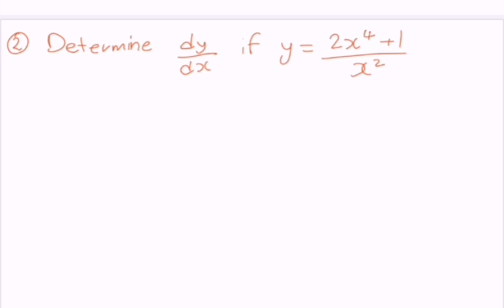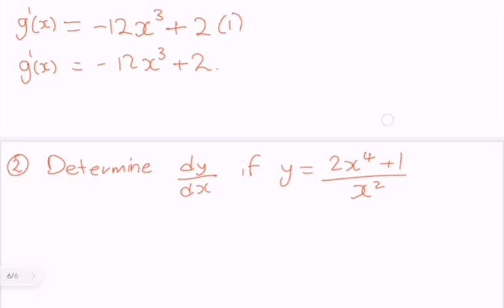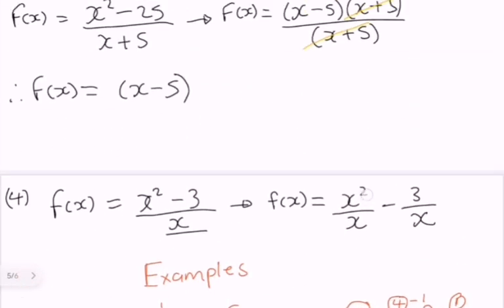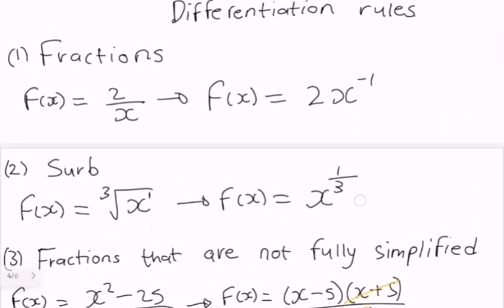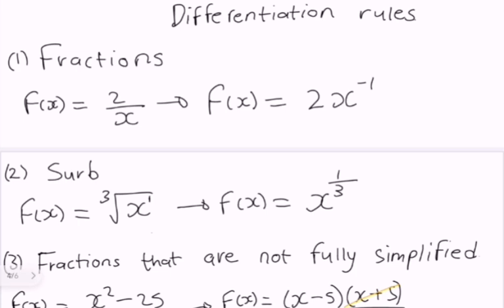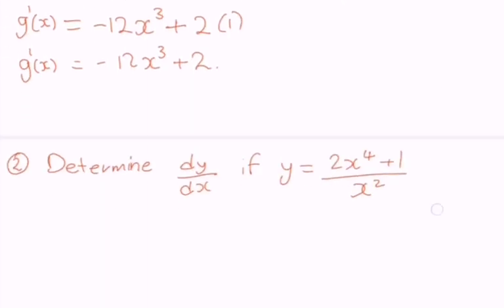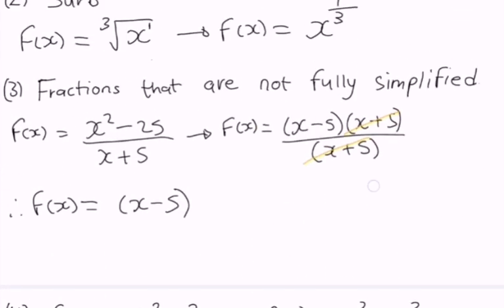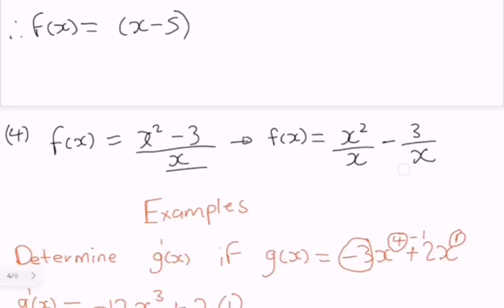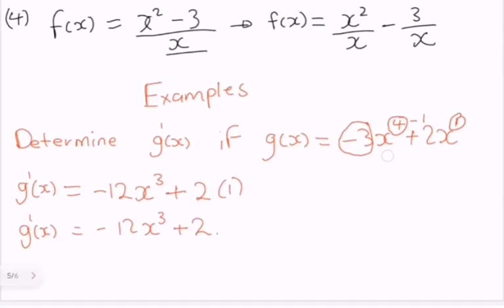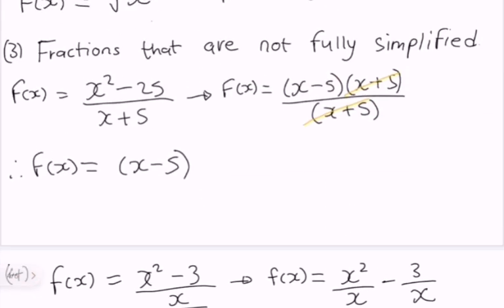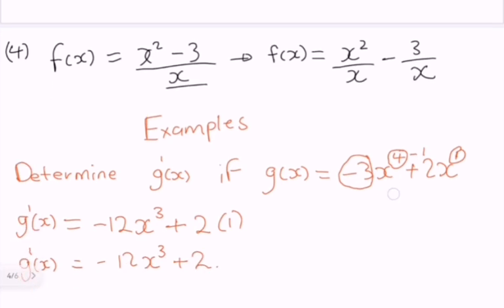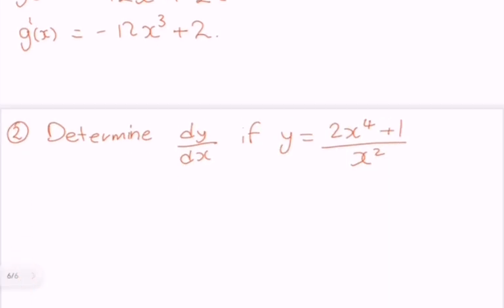When we are given something like this, you should go and consult the rules that I've given you. We go and check the first one. Are there fractions? Looking at this question, yes, there are fractions. Okay, the first rule might work. Are there sets? Looking at this question, there are no sets. Then we skip that. Looking at then, are there fractions that are not fully simplified? Yes, there are fractions, but there's nothing for us to simplify here.